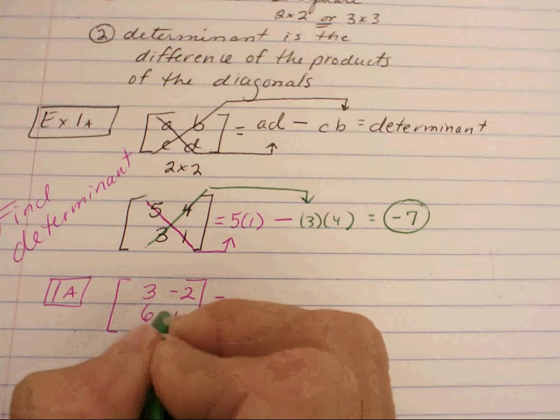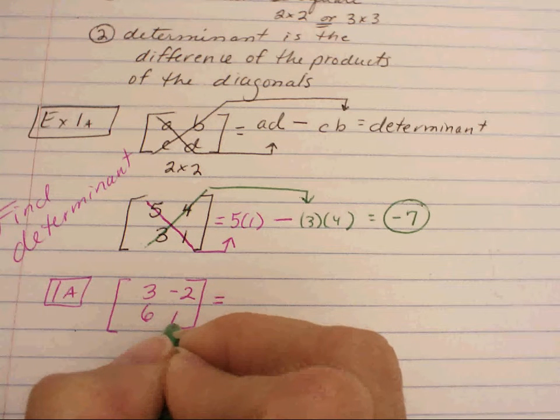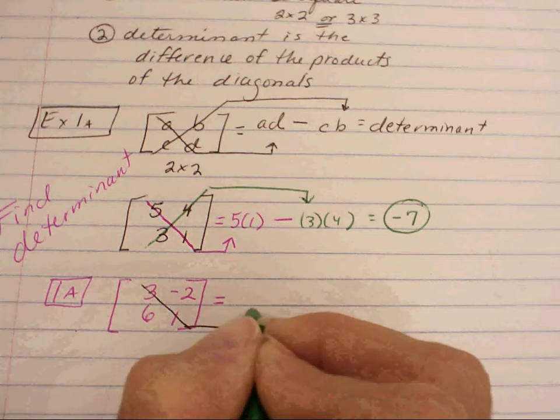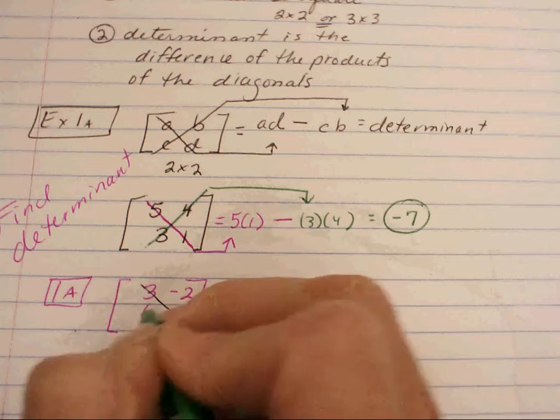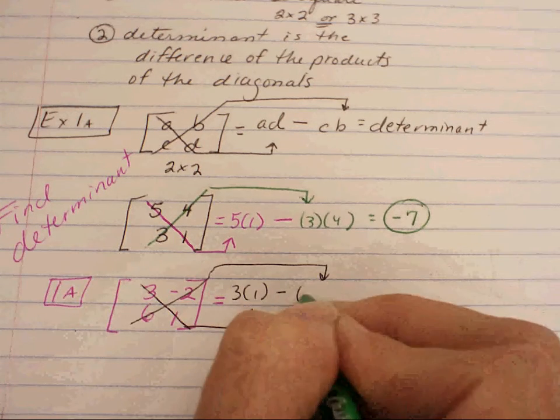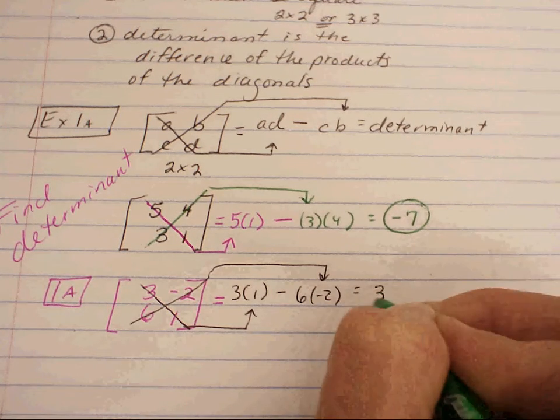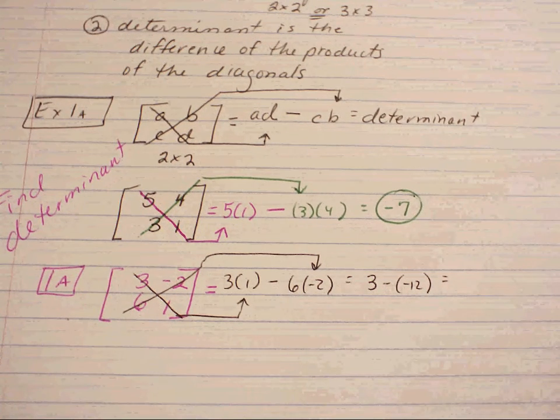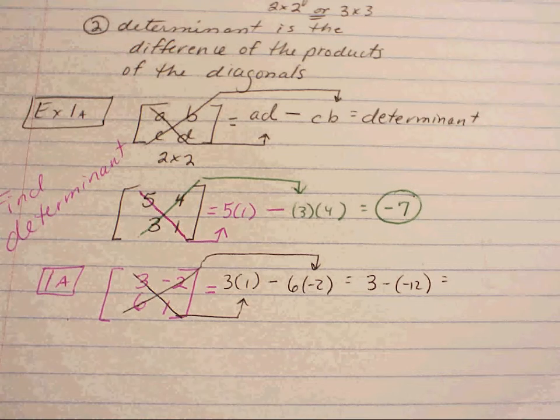Derek, tell me what you got. No, I mean the steps. Okay, I couldn't hear the beginning, but I think you said 3 times 1 minus. I heard the 6 times negative 2 is right.